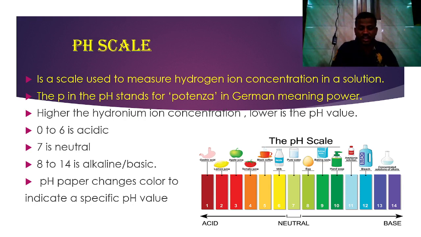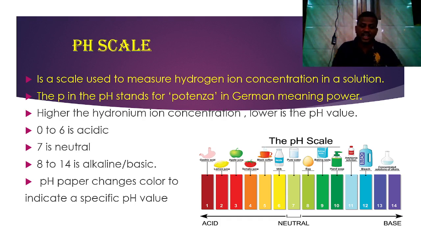Third point, the higher the hydronium or hydrogen ion concentration, the lower the pH value. It helps us measure the level of concentration of hydrogen ions in the given solution.